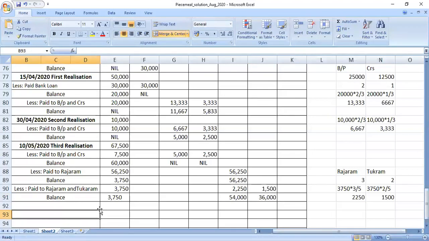Okay. Here balance is nil because we paid Rajaram and Tukaram 3,750. Now we don't have the money. Again, what we have to do? We will consider the next realization.